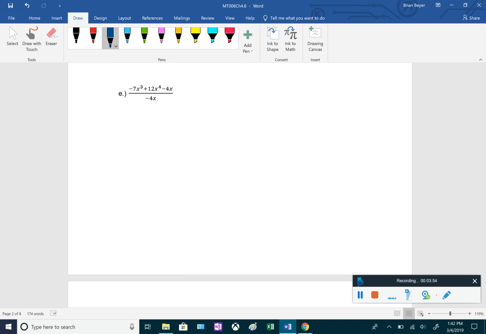Okay, so one more here. We have negative 7x cubed plus 12x to the 4th minus 4x, all divided by negative 4x. So giving each one of these in the numerator its own denominator, we end up getting this. And when we simplify it, negative 7 over negative 4, the negatives cancel.